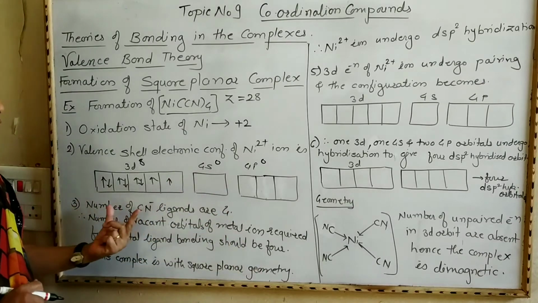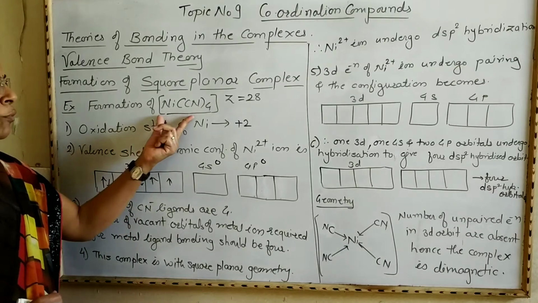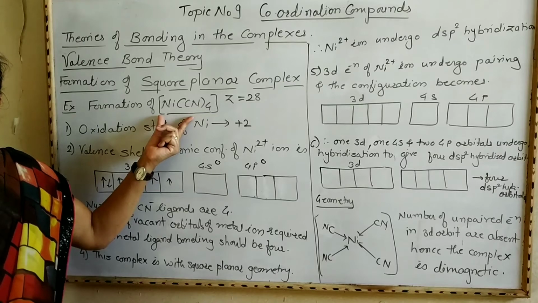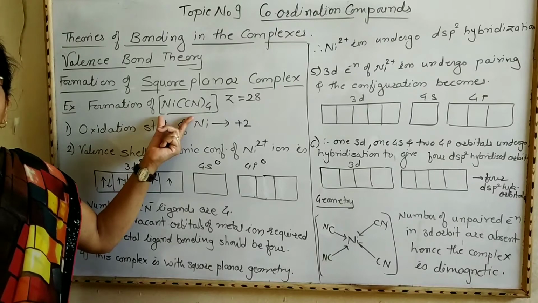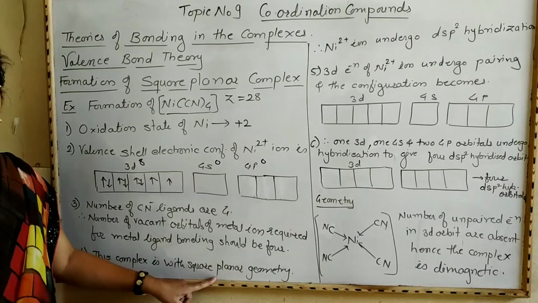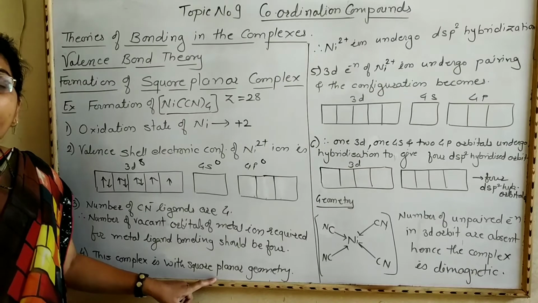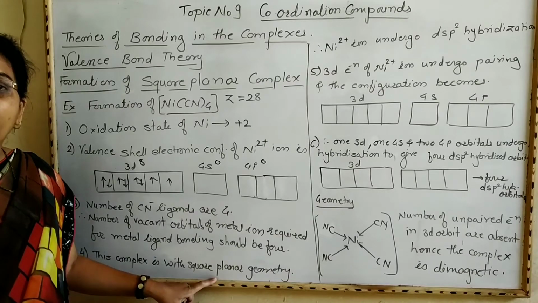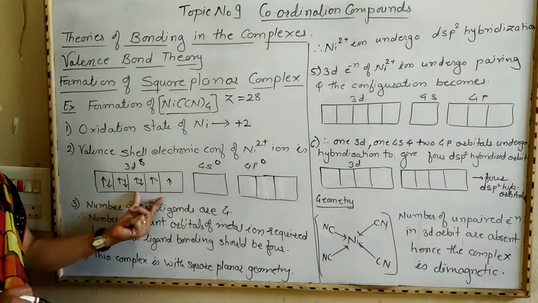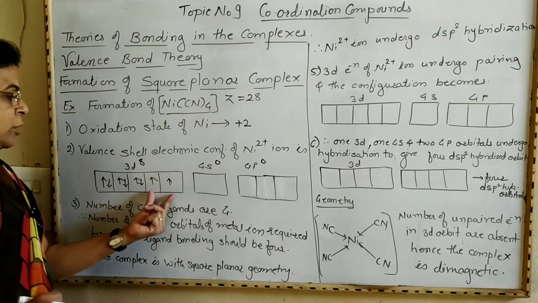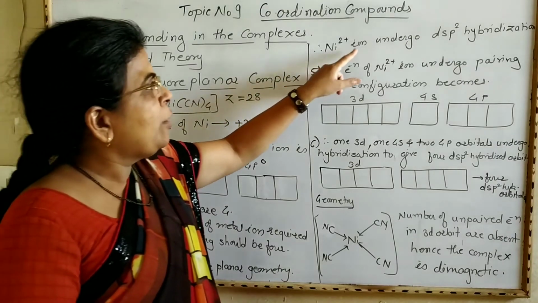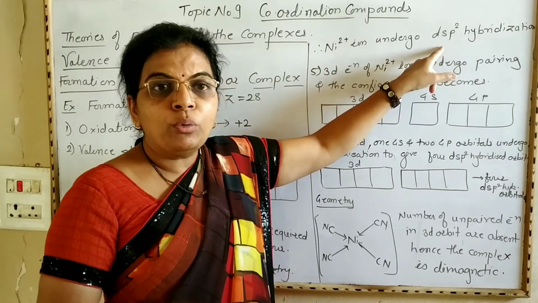That is, for the formation of this Ni(CN)4 complex, Ni2+ ion must require 4 vacant orbitals, and this complex is with square planar geometry, and for square planar geometry the metal ion should undergo dsp2 hybridization.